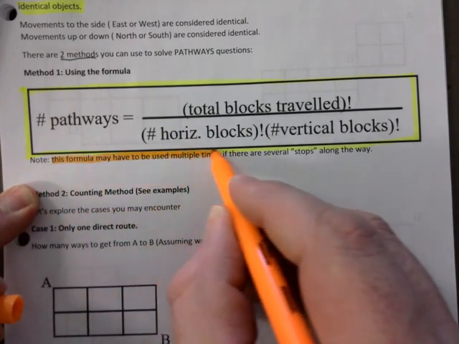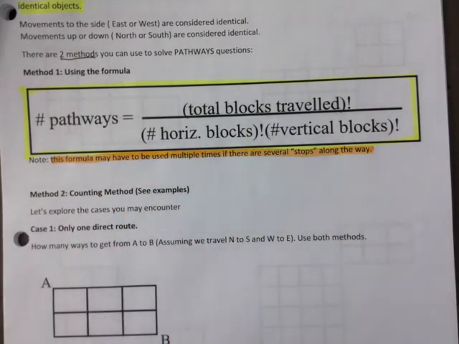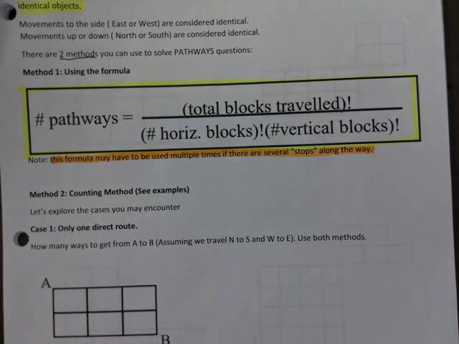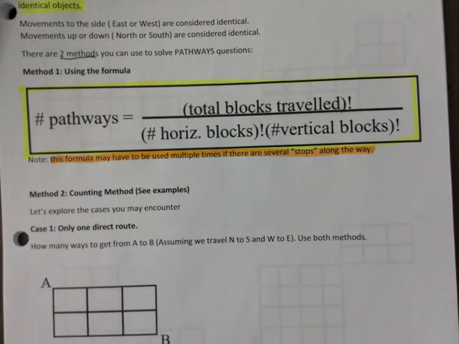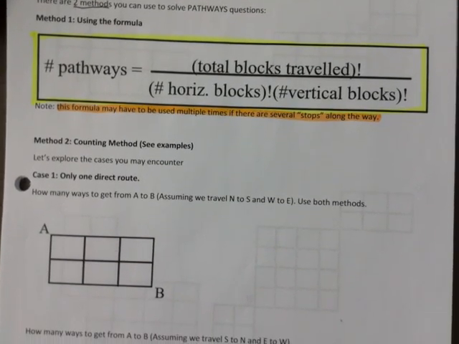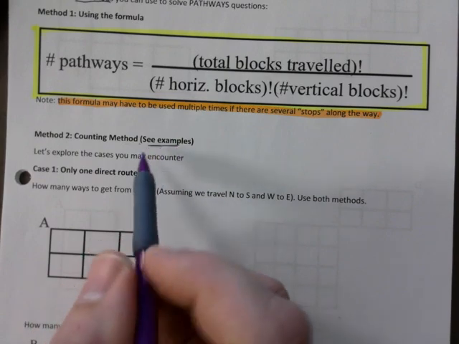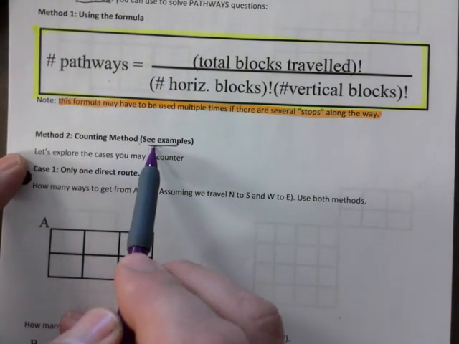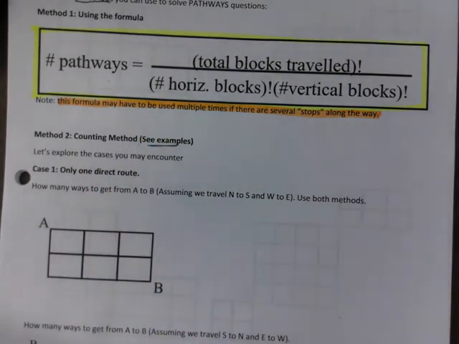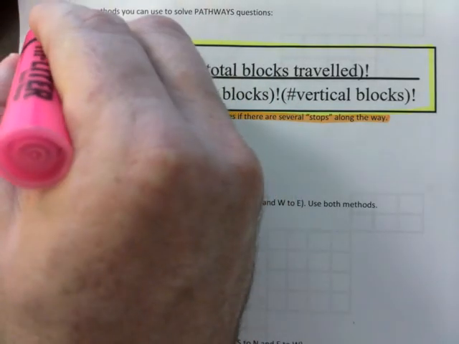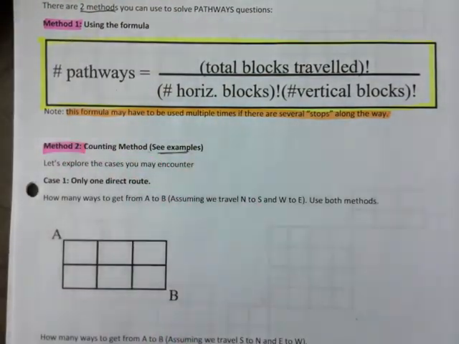This formula may have to be used several times if you have stops along the way. If you're stopping or going through a point, you may have to use that formula again. Okay. And so the second method is the counting method. Just look at my examples, right? So this is method number 1, method number 2. Okay. You want to highlight those, maybe in a different color, method 1, method 2, formula or counting.